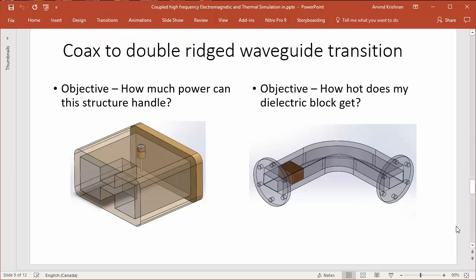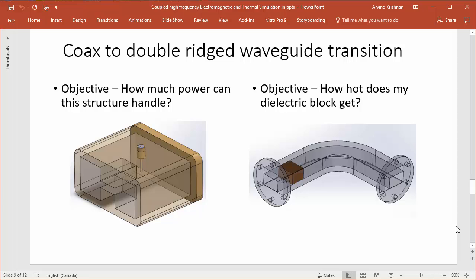Next, we will be looking at a live demonstration. I'm going to take a couple of examples to highlight the coupled EM thermal simulation in HFWorks. The first one that you see on the left is a double-ridged waveguide transition from a coax cable, and we will look at how hot the components get when the device is operating in continuous power mode.